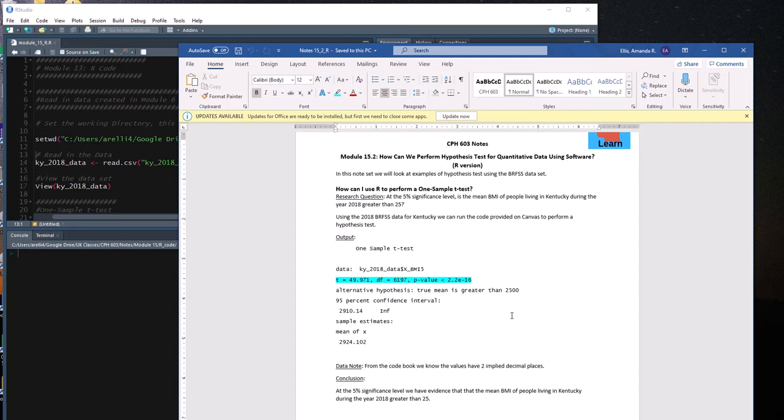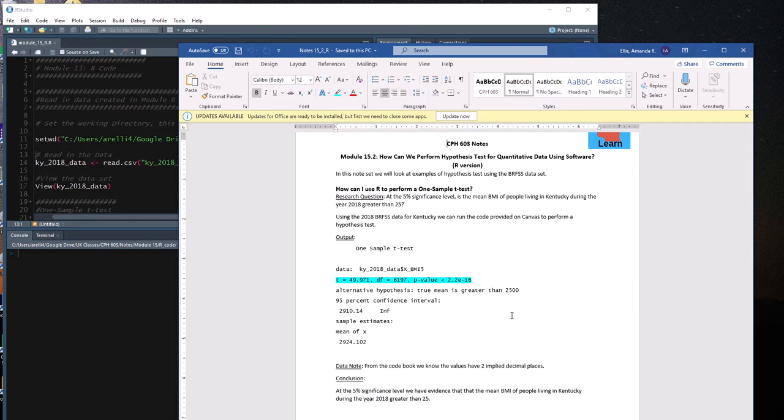So one sample t-tests are really useful when you have a question about a population mean and you'd like to compare it to some fixed value. And this could be some historic value that you want to see if your mean is higher than or less than, or some value that makes sense in context.